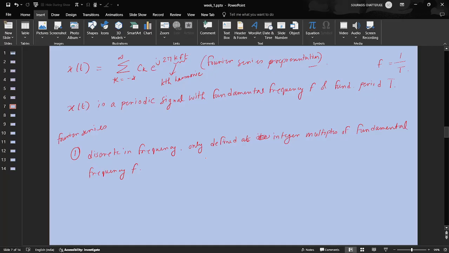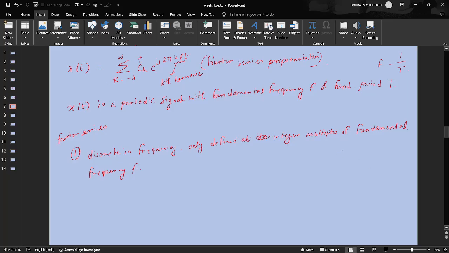So x(t) is a periodic signal with fundamental frequency f. The Fourier series representation is only defined for integer multiples of this fundamental frequency f, which are called harmonics, like kf is the kth harmonic, and corresponding to that you have these non-zero coefficients.